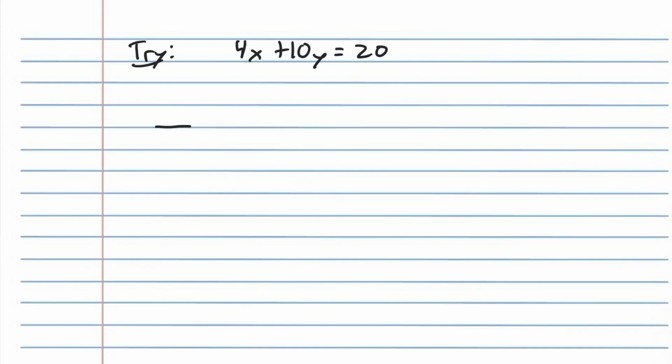So the points I want you to find are something, 0. Remember, that's your x value and your y value. And 0, something. Okay, so you're going to plug in those zeros, see what comes out, and get those 2 points. Okay, at this point, go ahead and pause the video and try it out. And then in a few moments after you're finished, press play to check your work.